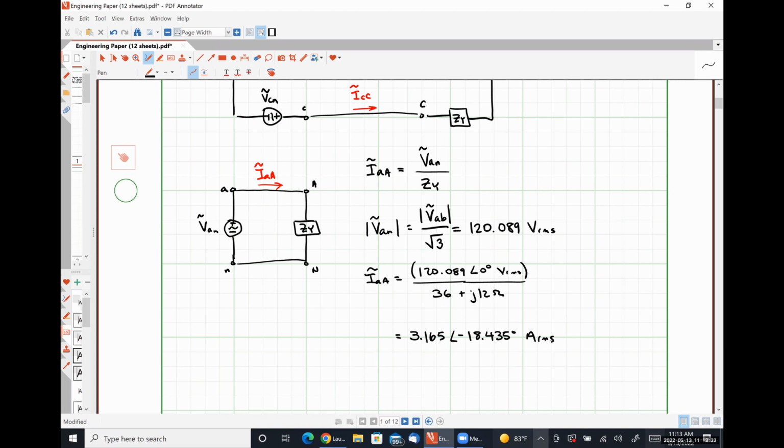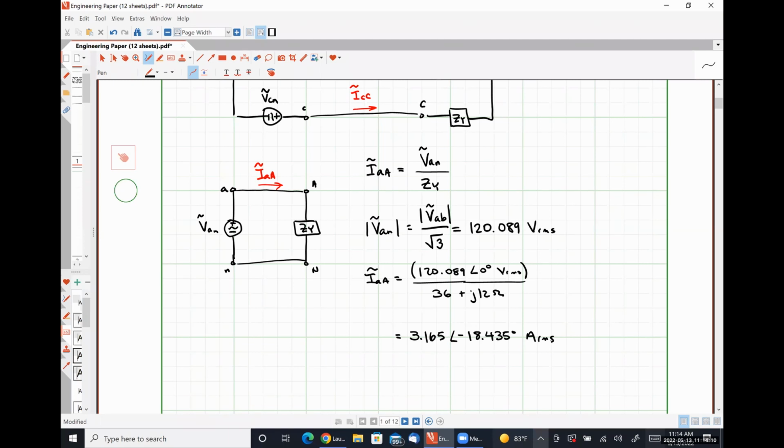So let's start. Does this methodology make sense? Our circuit analysis portion is always going to be one of the easiest things to do because we just have a simple single loop circuit, at least when we only have one load connected anyway. To determine the magnitude of our phase voltages, we had to remember what that transformation that we developed was.